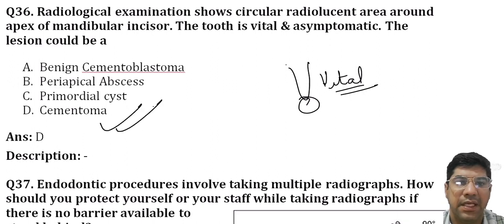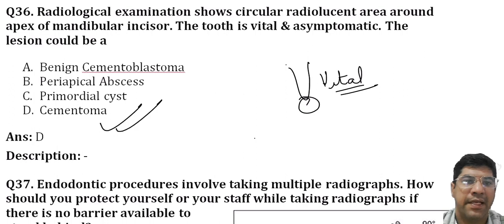It is seen generally in the anterior region. You will see a radiolucency near the periapical region of the mandibular anterior teeth. The teeth are generally vital and asymptomatic.